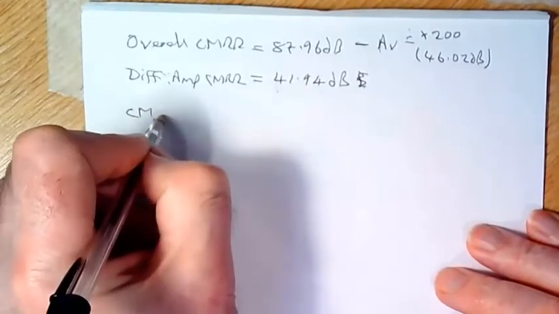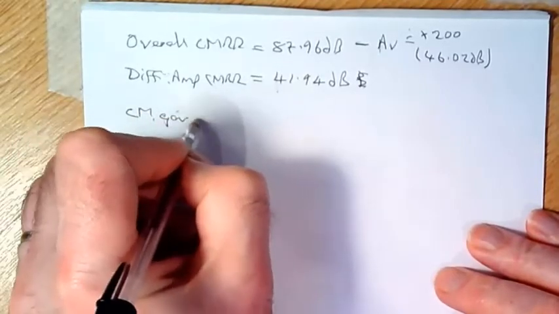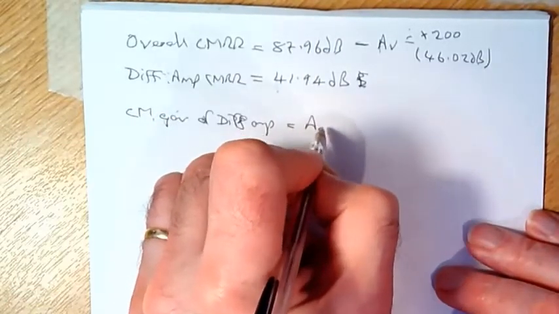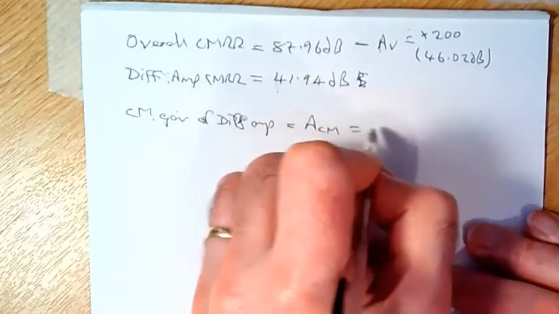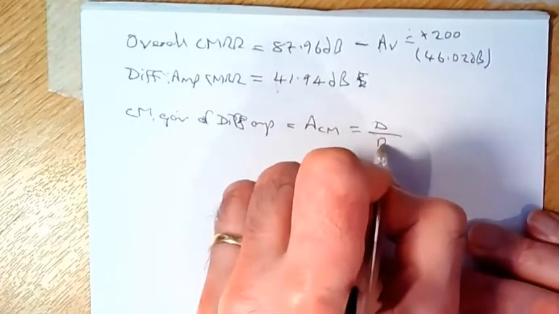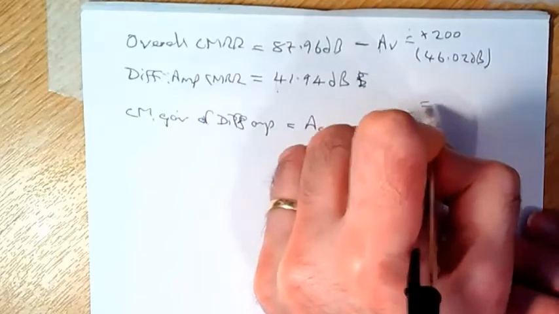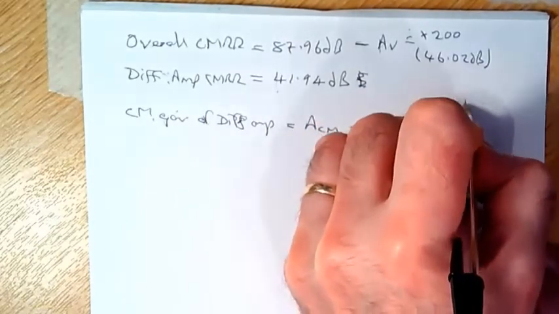The common mode gain of the diff amplifier, ACM, equals delta over R, and delta equals 2 times tolerance.